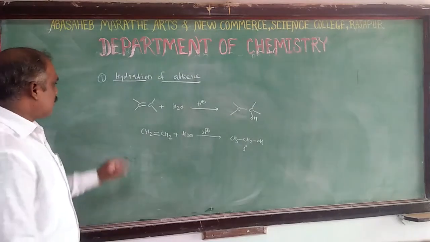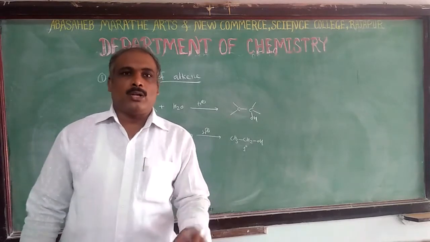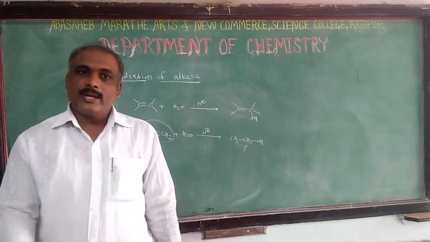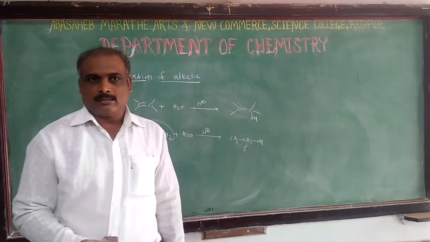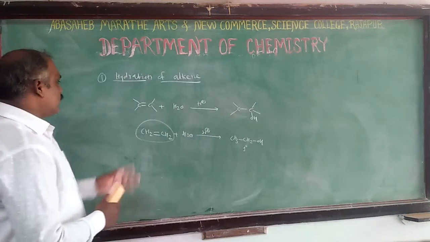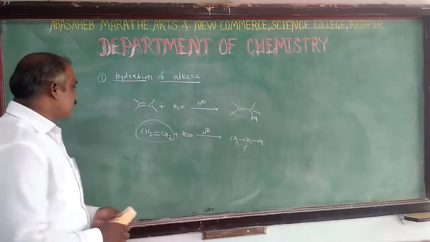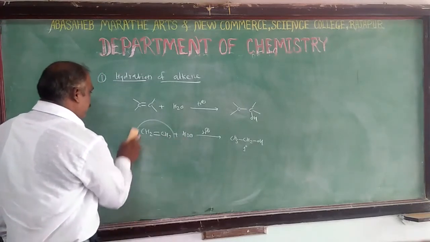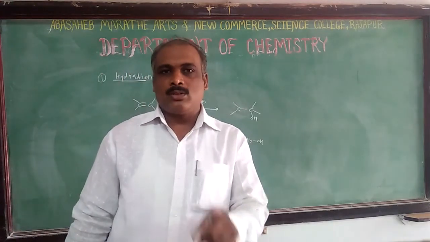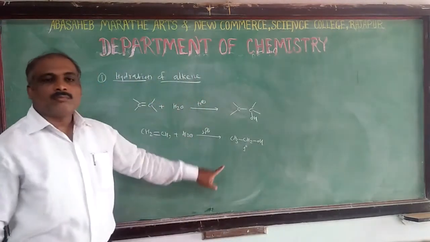Hence hydration of alkenes does not produce a primary alcohol except with ethene. If we use other, unsymmetrical alkenes, we get different respective alcohols, but only with ethene do we get a primary alcohol by hydration.